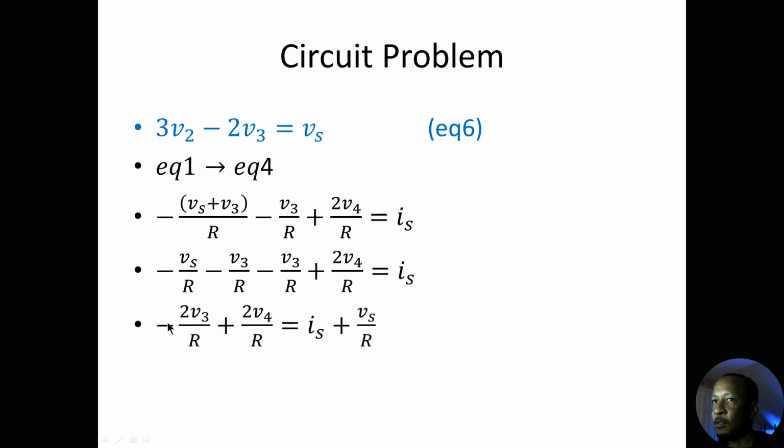And next we're going to simplify it some more and we have negative 2 V3 over R plus 2 V4 over R equals Is plus Vs over R. And then finally we have our simplification here for equation number 7, which is negative 2 V3 plus 2 V4 equals R Is plus Vs.